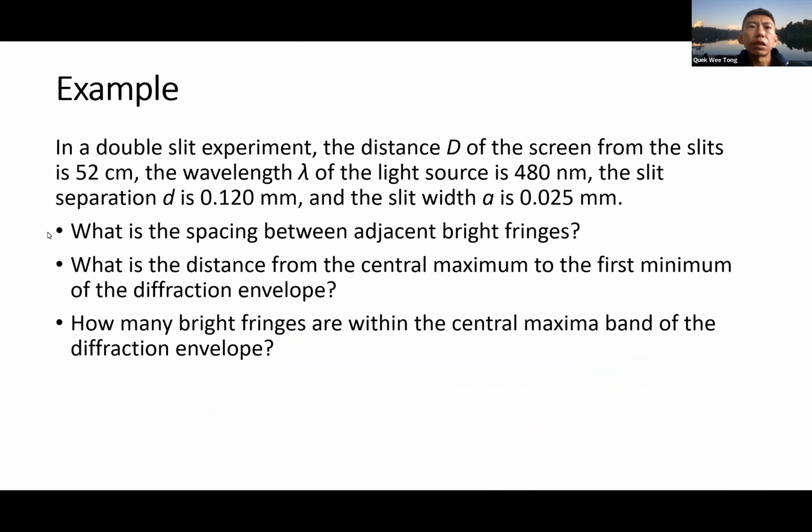So this example, you can go and try. You will aim to use those two equations. I'm referring to the third part of this question. They're asking how many bright fringes are contained within the central bright band.